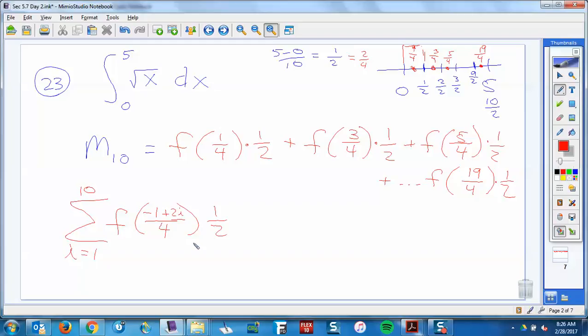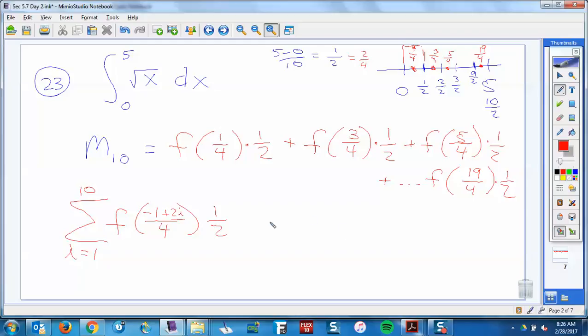Start at 0 and go 1 plus 2i. Instead, I have to do a -1 plus 2i. But -1 plus 2, that'll give you 1. -1 plus 4, that'll give you 3. -1 plus 6, that'll give you 5. And the last one, put in a 10, -1 plus 20, that'll give you 19. Sometimes people write 2i minus 1. Okay, whatever. Okay, but start it at 0 and go 1 plus 2i, that's fine.